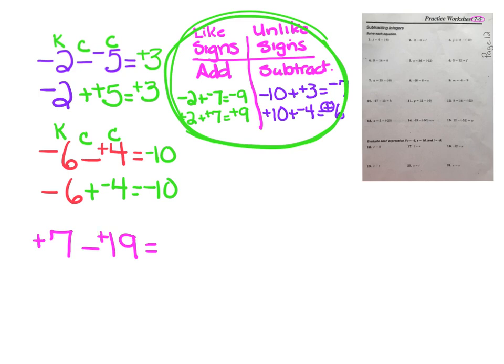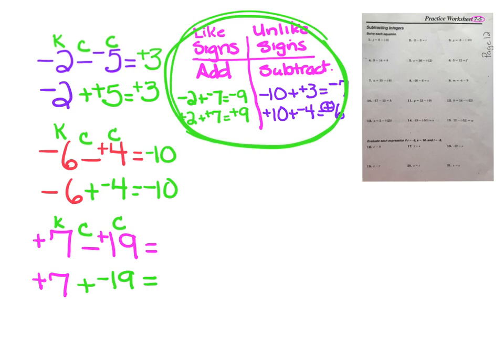In order to subtract, we have to KCC, keep, change, change, and rewrite the problem like this. +7, and it's going to become plus, and flip +19 to its opposite, -19, equals blank.